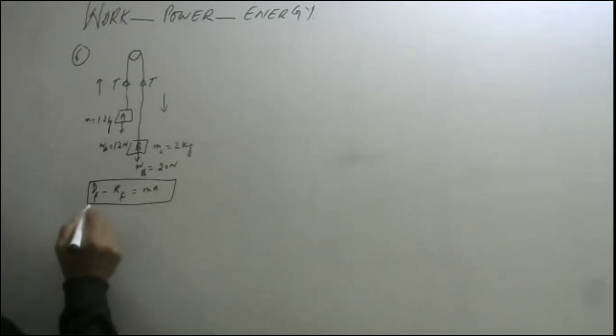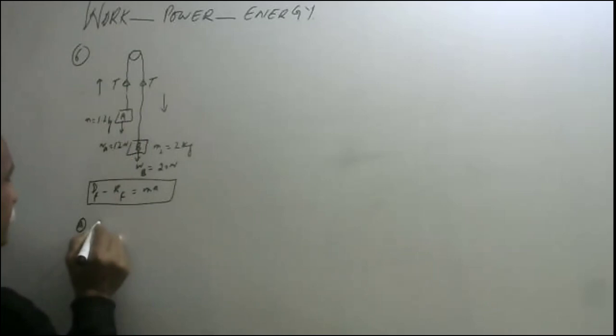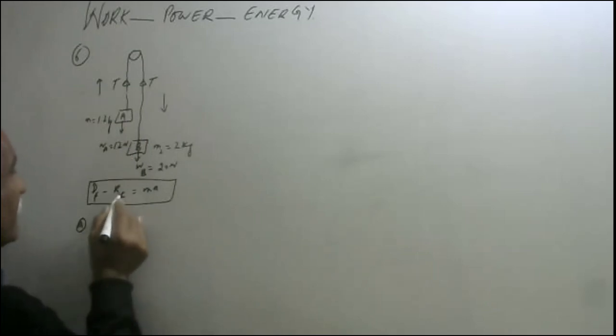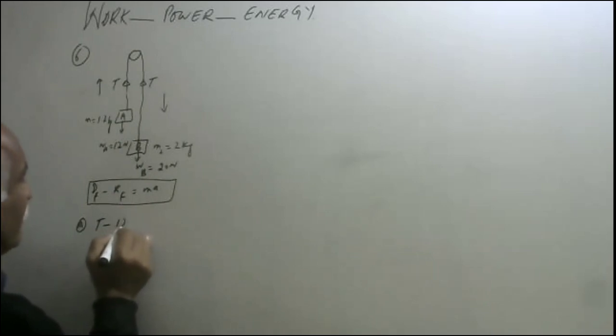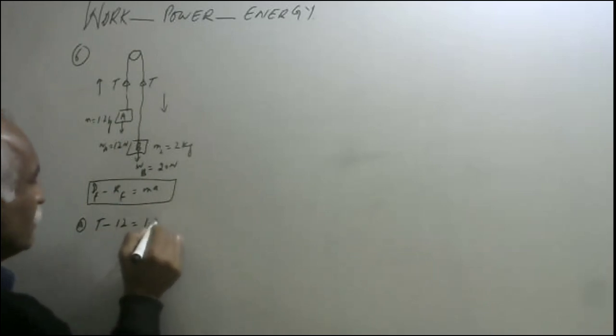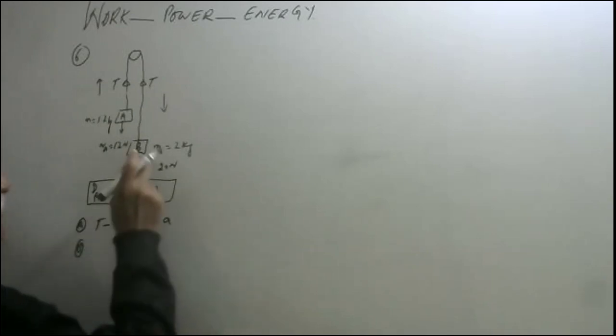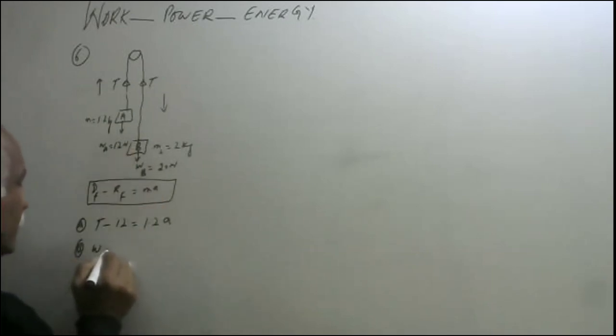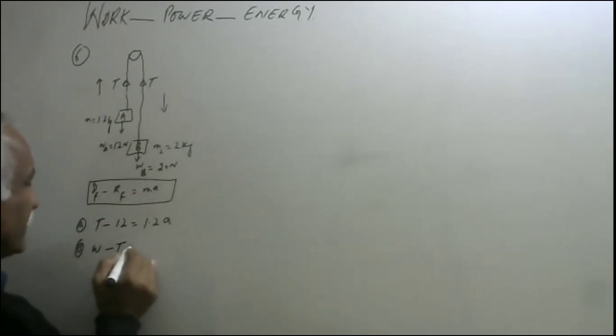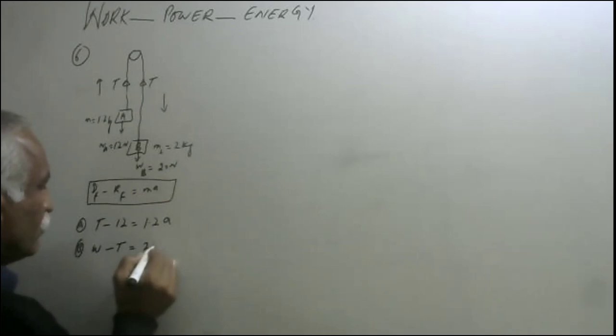For particle A, the driving force is T, minus the weight 12, and that is equal to 1.2a. Let's say that is equation 1. For particle B, the weight is acting downward, so weight minus tension is equal to 2a.